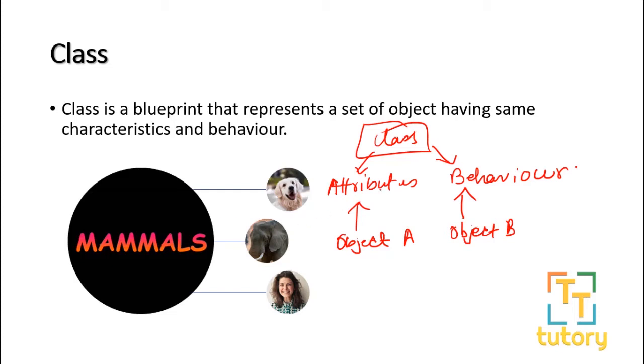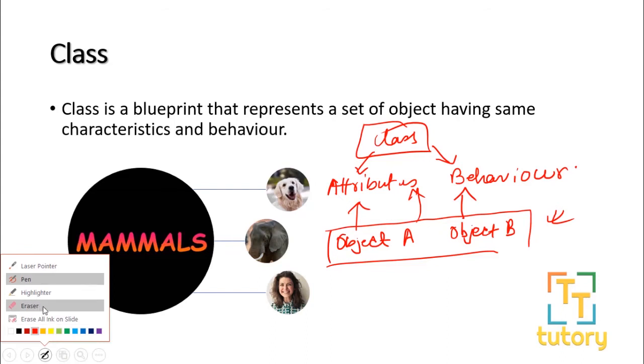So the characteristics and the behavior of the class will be reflected on the object. We can say that the class represents a set of objects having some characteristics and behavior. Now we can say that object A and object B belong to this class, so the class represents these objects. I hope you have understood this.